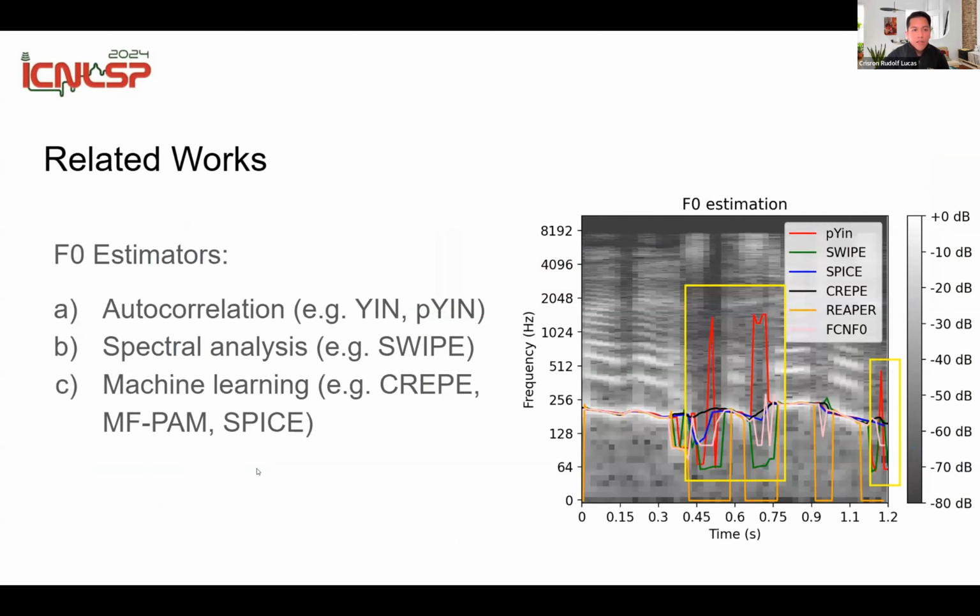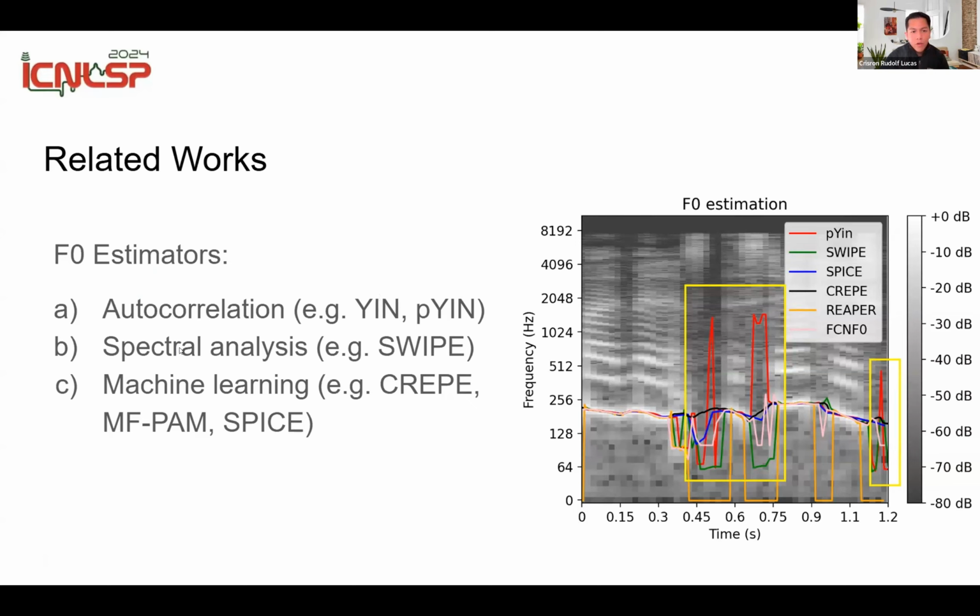Now, there are lots of F0 estimators. I've categorized them into three. If you're familiar with the autocorrelation-based ones, in autocorrelation you multiply a signal by a time-shifted version of itself at different lags. When you find the product with the highest value, it corresponds to your fundamental period.